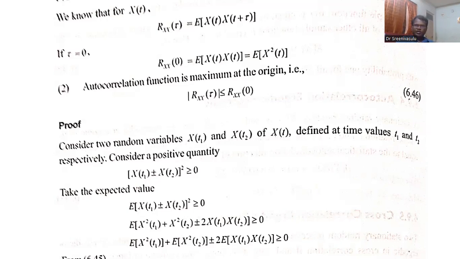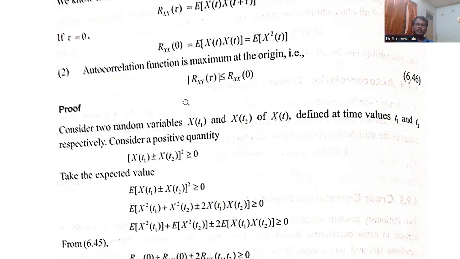Now, coming to the second property: the autocorrelation function is maximum at the origin. If you draw the autocorrelation function with respect to tau, whenever tau increases on the positive side or on the negative side, the amplitude at tau is equal to 0 is maximum.